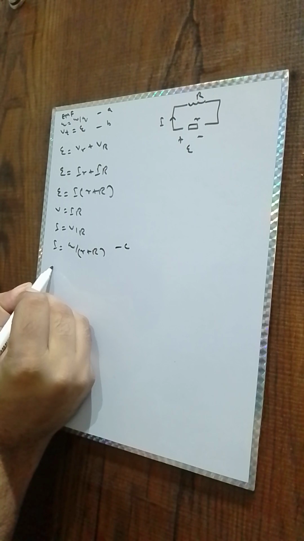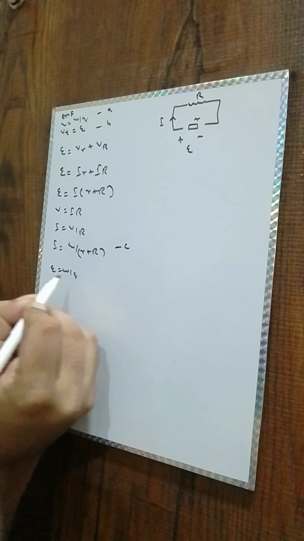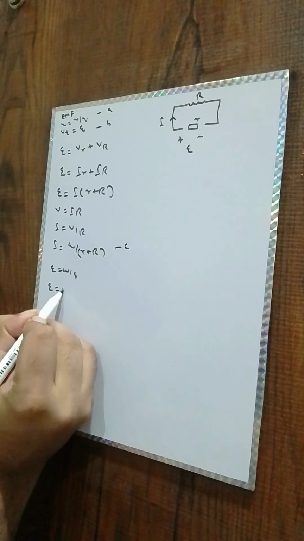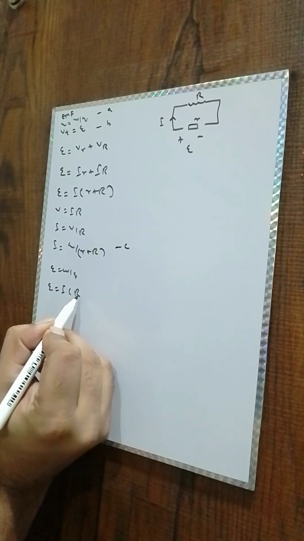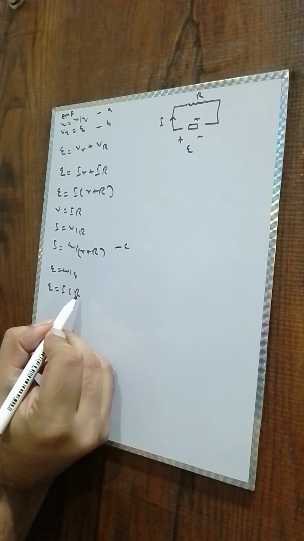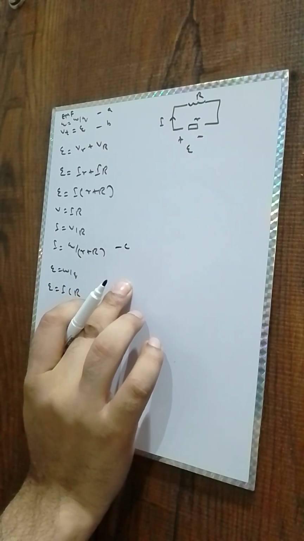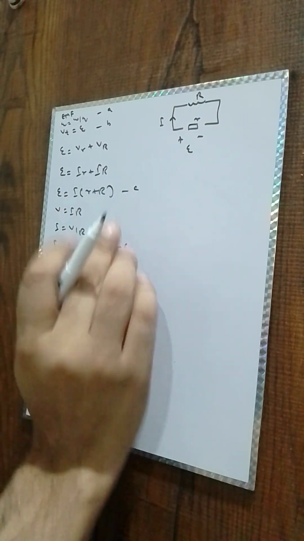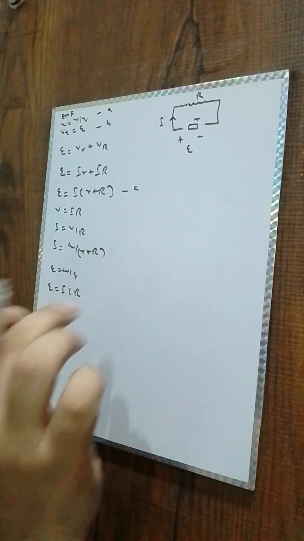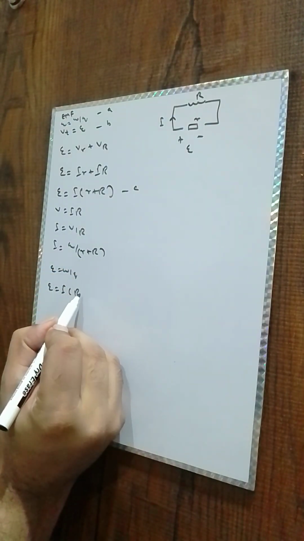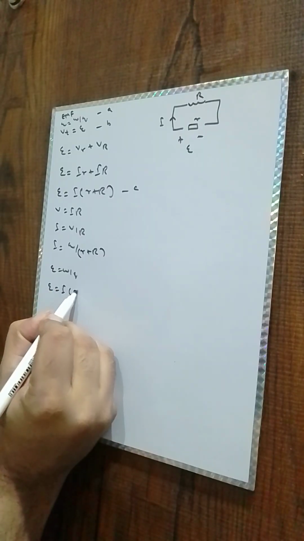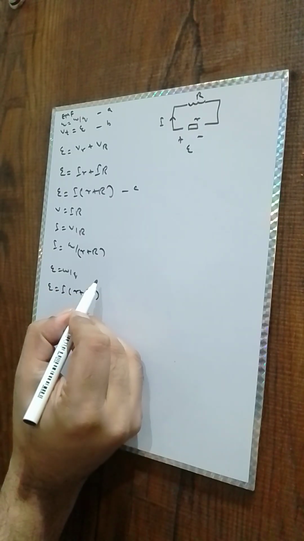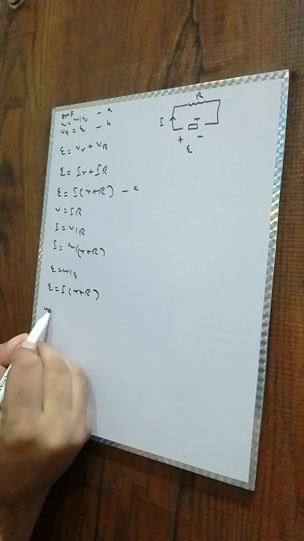So if epsilon is equal to W by Q from A, and epsilon is equal to I into R plus r here C, we can equate these two.